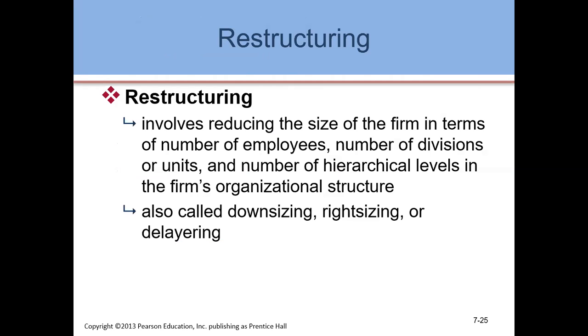If we have to go for restructuring, the restructuring would be concerned with increasing or reducing the size of the firm in terms of number of employees, number of divisions or units, and number of hierarchical levels in the firm's organizational structure. And that can also be done through downsizing, rightsizing, or delayering.